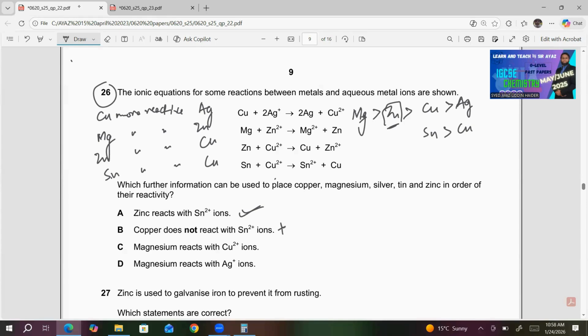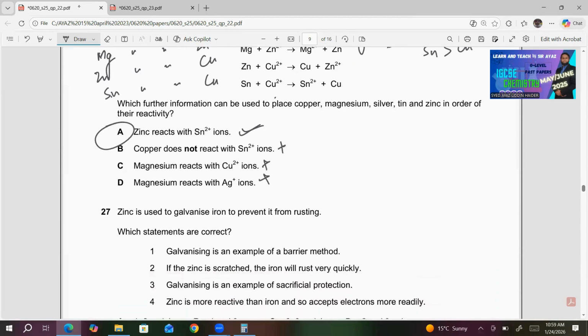No need, because if magnesium is displacing zinc ions and zinc is replacing Cu2+ ion, so definitely magnesium will react with Cu2+ ion. So this is also not effective in clearing the position of these metals in the series. D, magnesium reacts with Ag+ ion. This is also not effective. So the first information, that is choice A, can be used to place these metals in order of their reactivity. A must be the right response in this case.